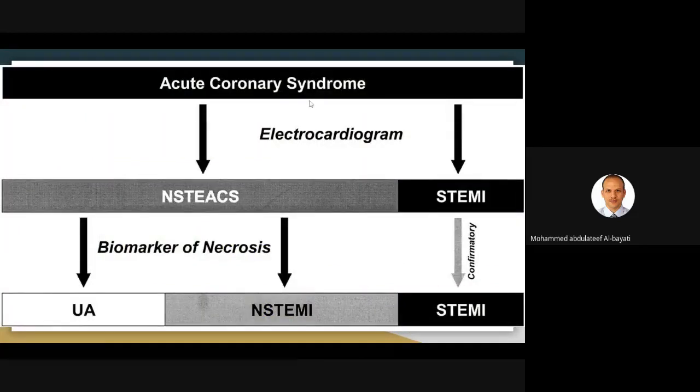Acute coronary syndrome: the diagnosis by the WHO relies on three criteria. First is the clinical picture, second is the electrocardiogram changes, and third is the chemical or biochemical investigation.